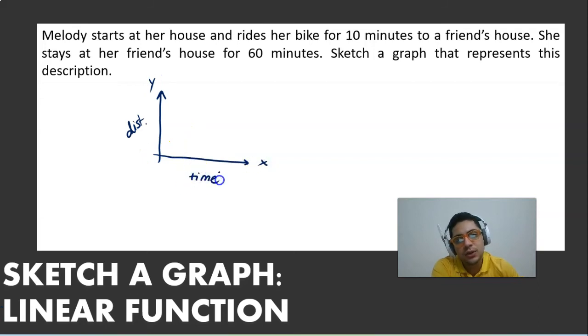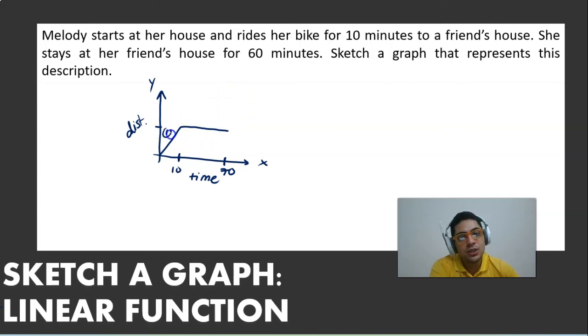As we mentioned before, time is always going to be our independent variable in this type of situation. So for the first 10 minutes, she's actually moving to her friend's house, so she is going to cover some distance there. And then up until 70 minutes, because she stays for 60 minutes, she's going to stay at her friend's house, so that means that she's not going to move at all.